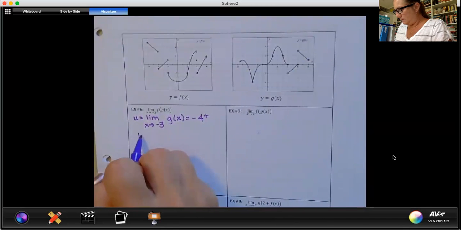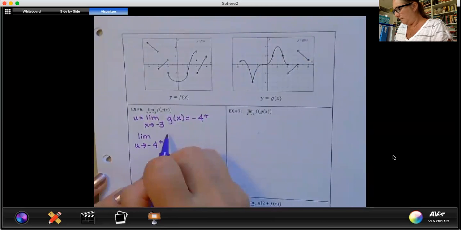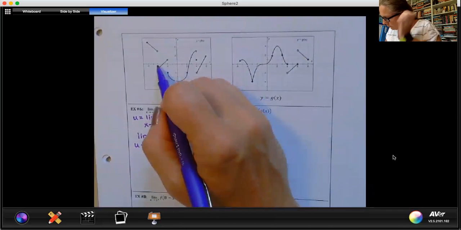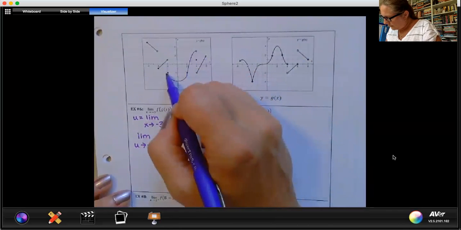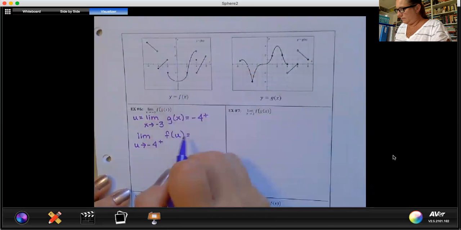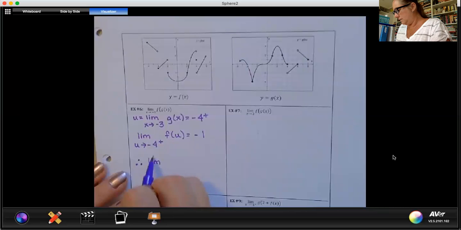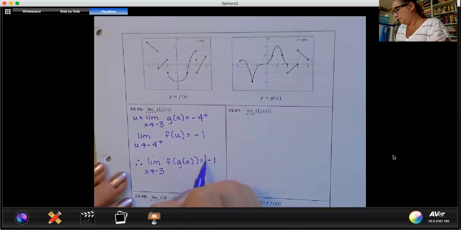So the limit as u approaches -4 from above of the outer function. -4 from the right is -1. Therefore, the limit as x approaches -3 of f of g of x is -1.